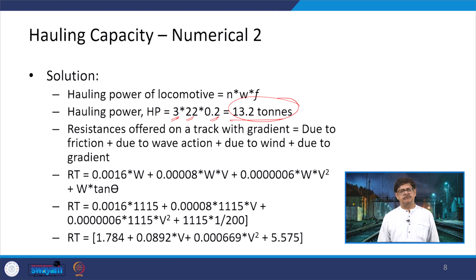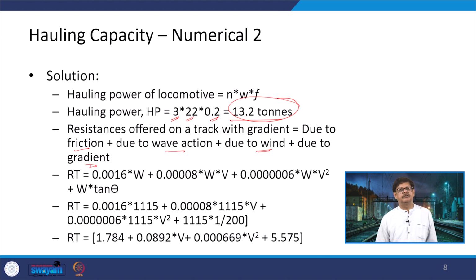Now, let us write down the various types of resistances which will be there. The resistances are due to rolling friction, due to wave action, due to the atmospheric wind, where we are saying that it is not blowing, so there is no velocity of that wind, and then due to the gradient.